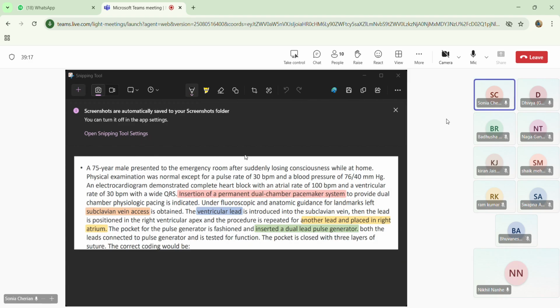I want Divya to talk. They have inserted a permanent dual chamber. Okay. There are a lot of checkpoints in order to code for permanent dual chamber. What is your analysis on this?